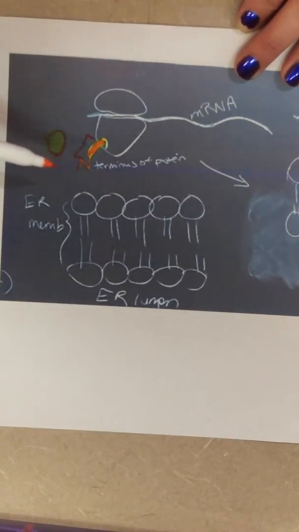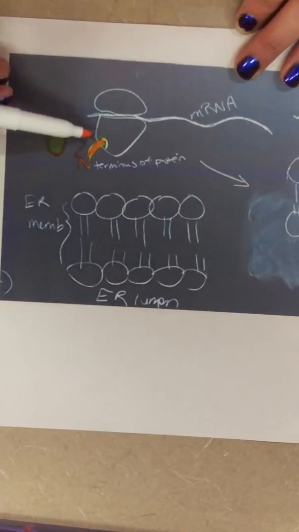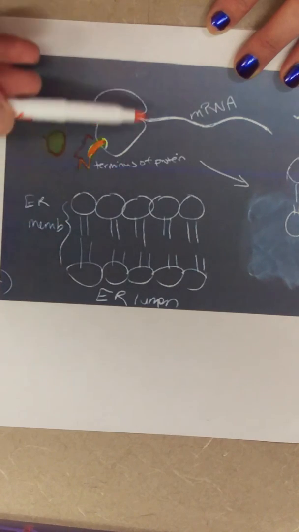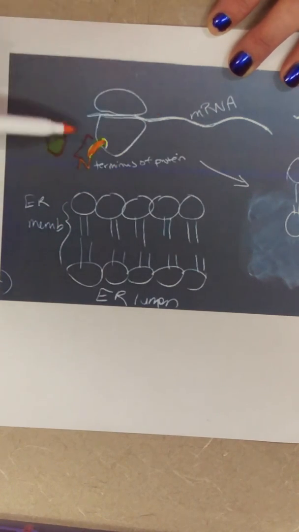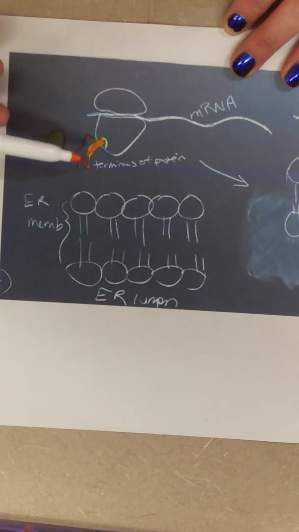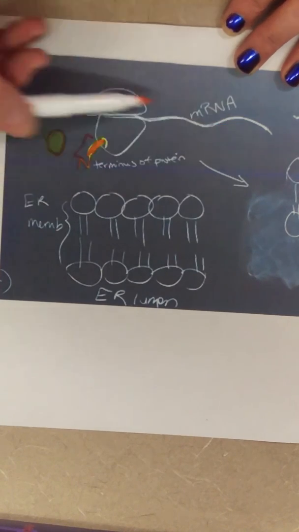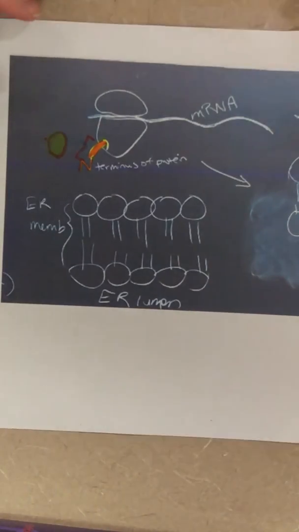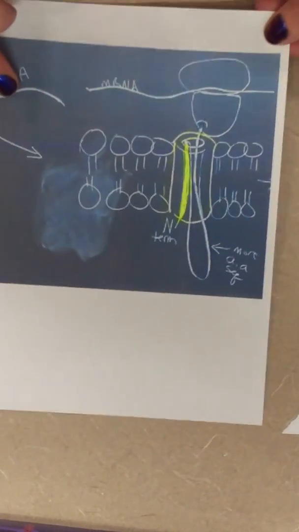All you need to know for the exam is that we translate this localization signal and then something happens to move this entire complex to the ER. Now, if it helps you to know that the signal recognition particle recognizes the sequence and is responsible for moving this entire complex to the ER, then that's fine. Moving on to the next step.